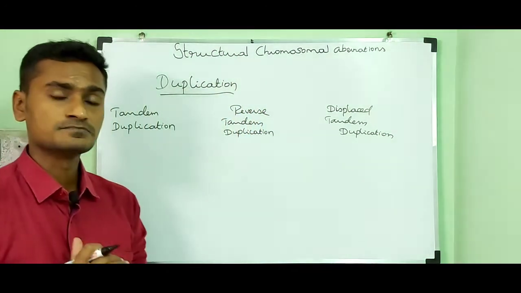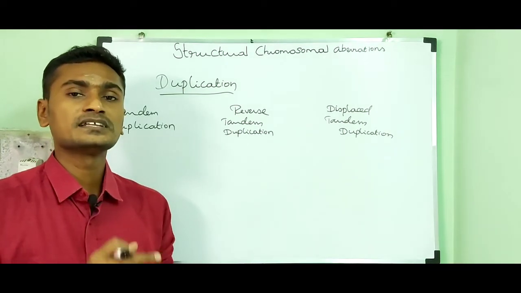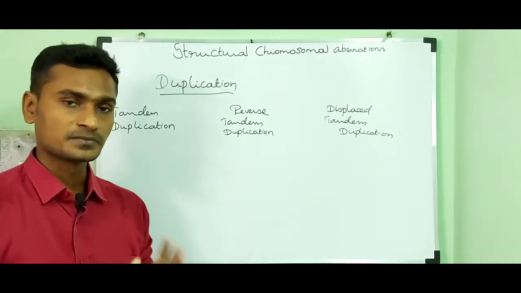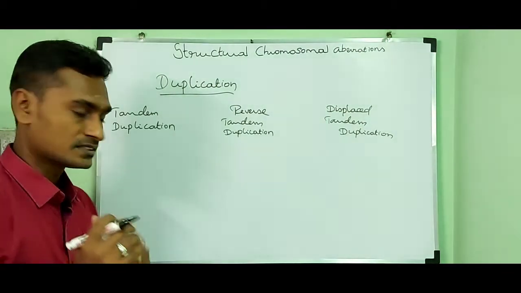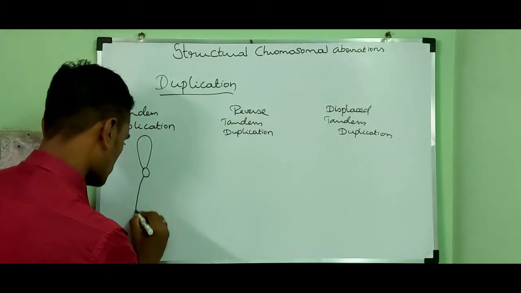Tandem duplication means the duplicated segments are located immediately after the normal segment, and that condition is called tandem duplication. For example, it is a chromosome.